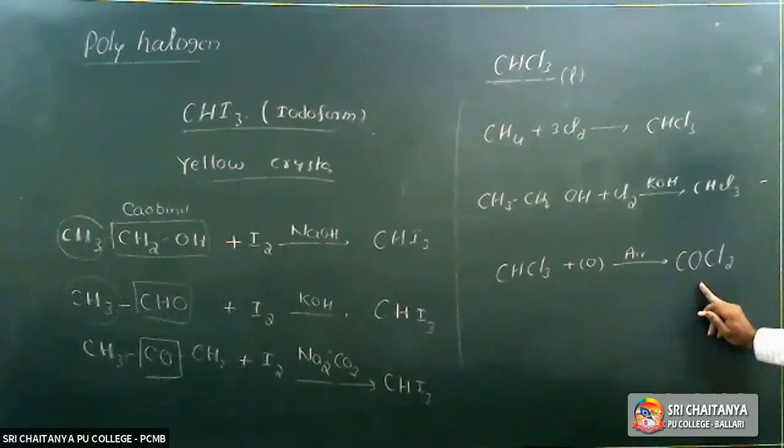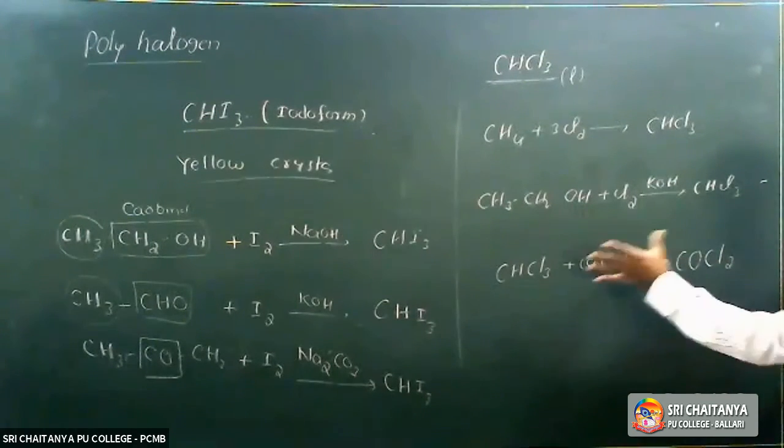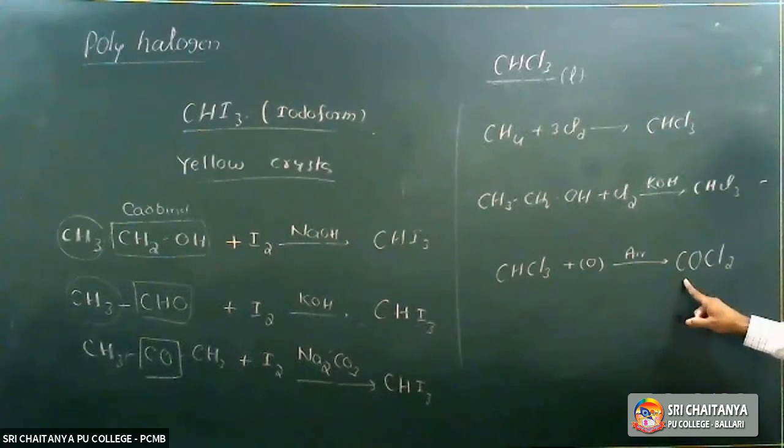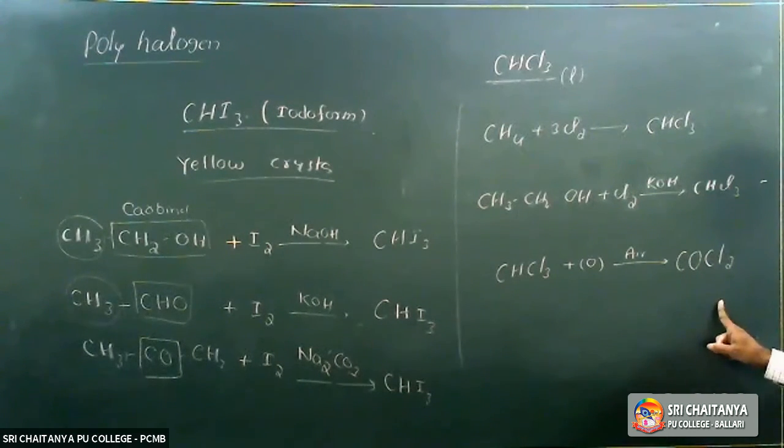It is called phosgene, carbonyl chloride. It is a poisonous gas. So when chloroform is exposed to air, it oxidizes to phosgene, COCl2.